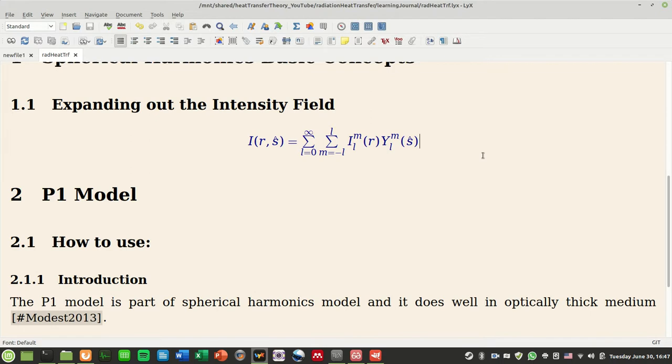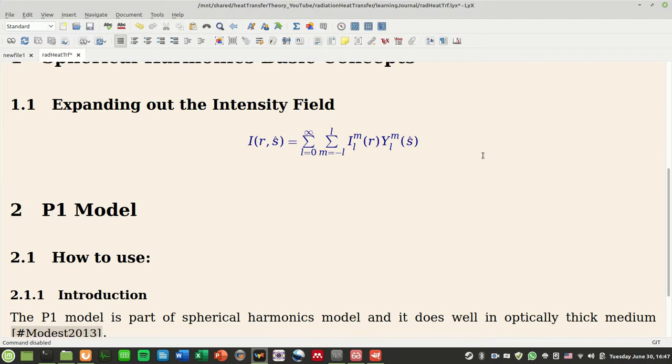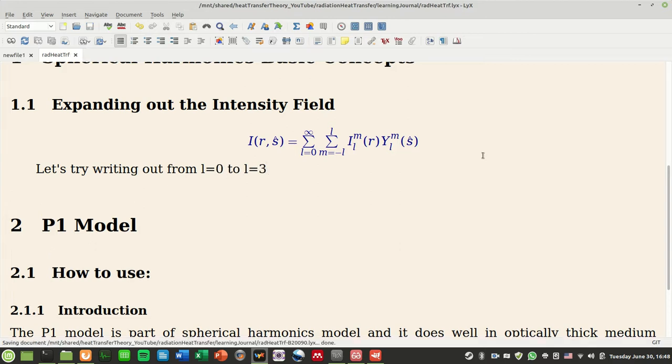So let's try writing out from L equals 0 to L equals 3.